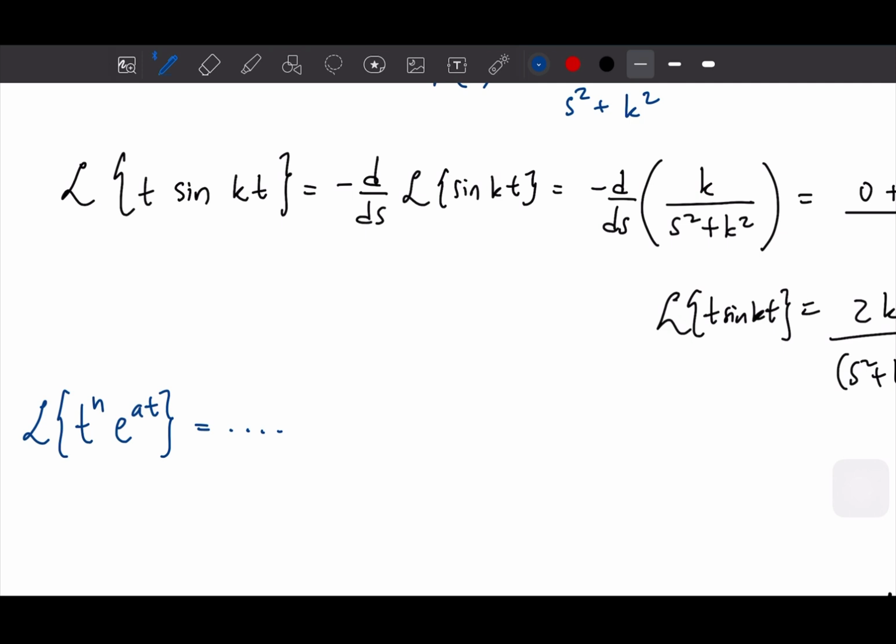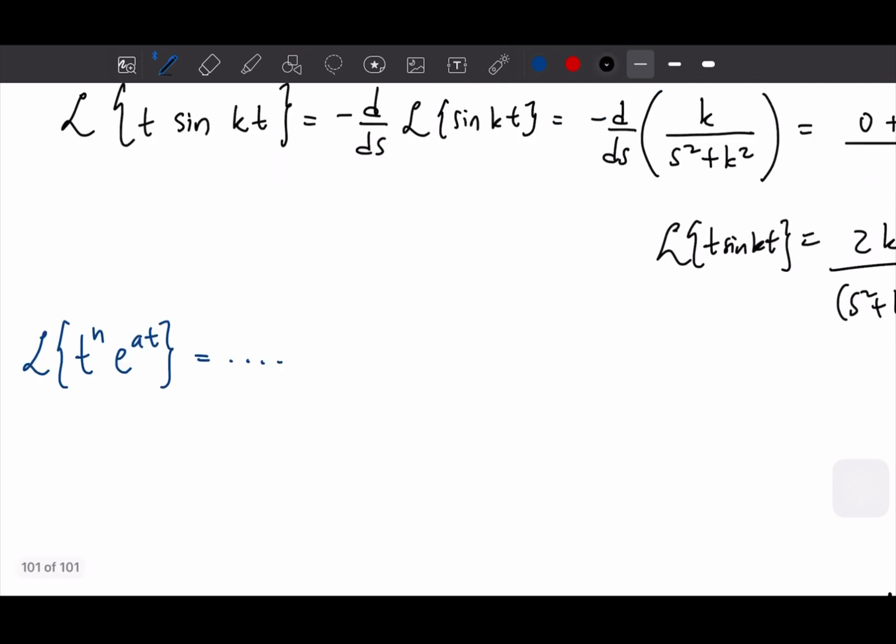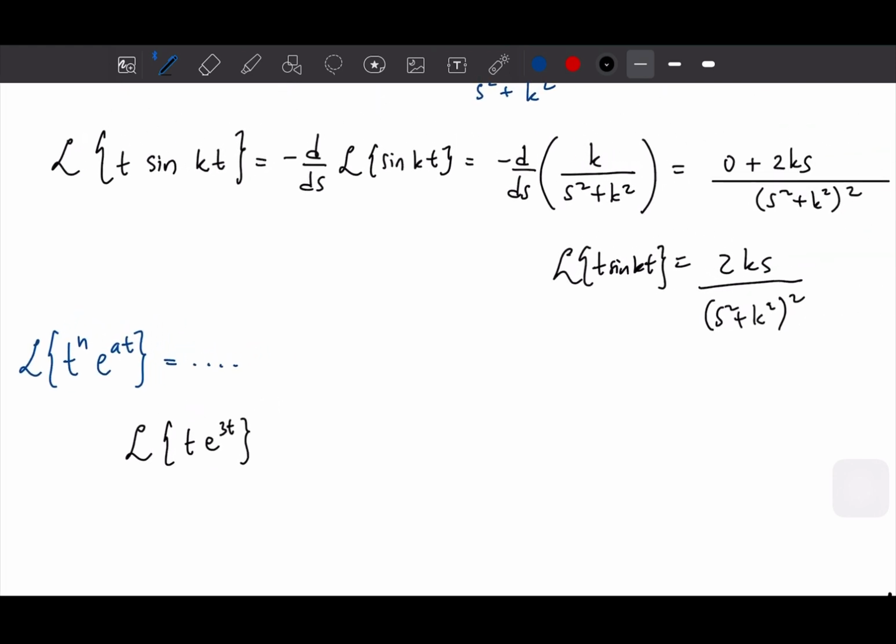The first one is the translations, the shifted method, and the other one is we derive. Let me show you. Let's say we are going to take Laplace of t e with power of 3t.